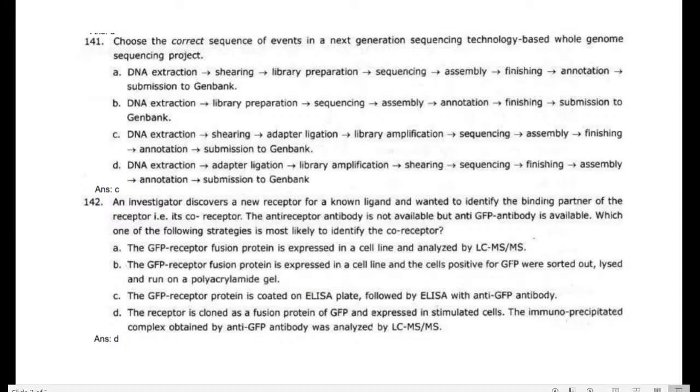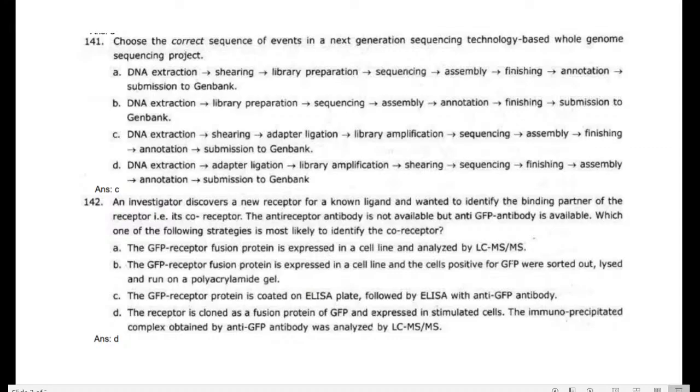Annotation means labeling, marking, and then submission to GenBank. These are the step by step processes. The first step is DNA extraction, then shearing. In shearing, they cut the DNA into small pieces. That is the restriction digestion. Then adapter ligation.